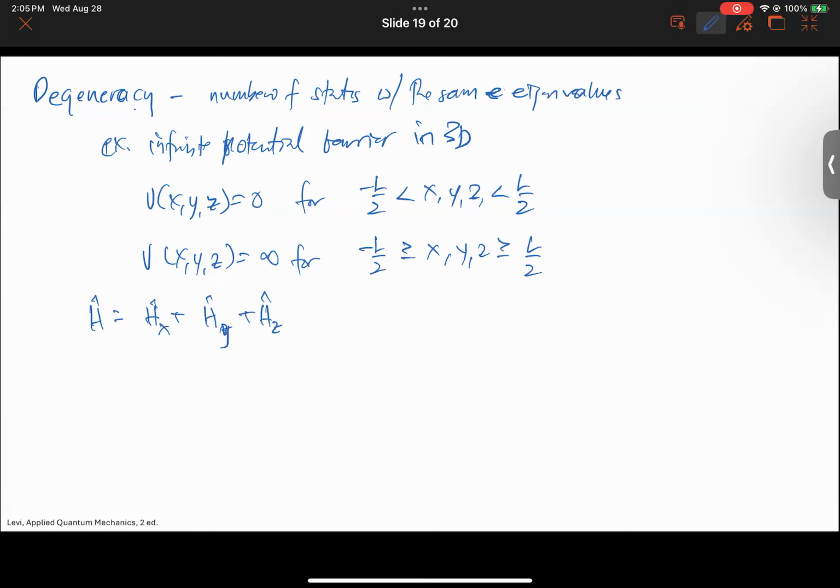The only reason we can do that is if the potential is not dependent on x, y, and z together. So we can separate the potential into its component form along x, along y, and along z.